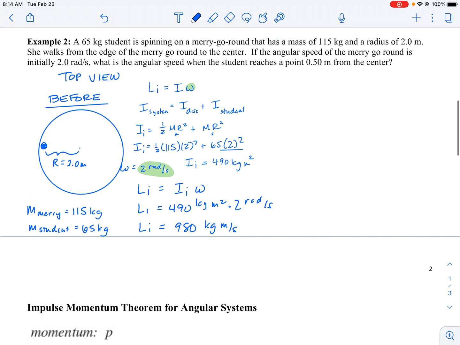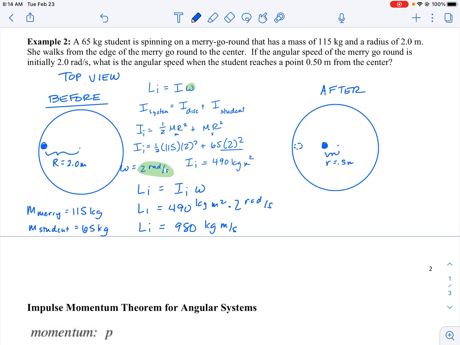Okay, next I'm going to think about what happens after. Now it says that she moves from the edge here to a point 0.5 meters from the center.